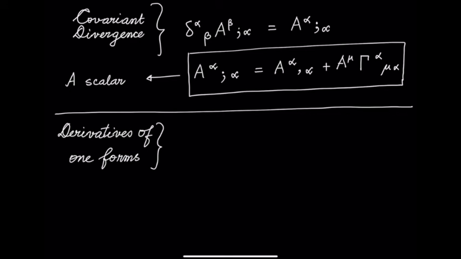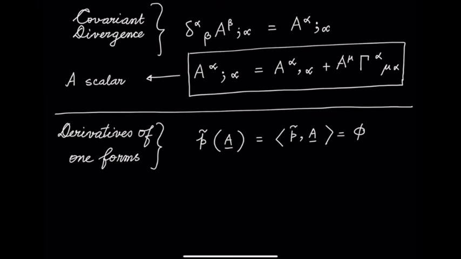To do this, we identify that if I have a one form P operating on a vector A, I have also written it this way, and this is a scalar.